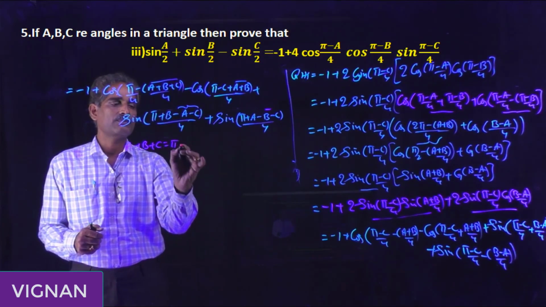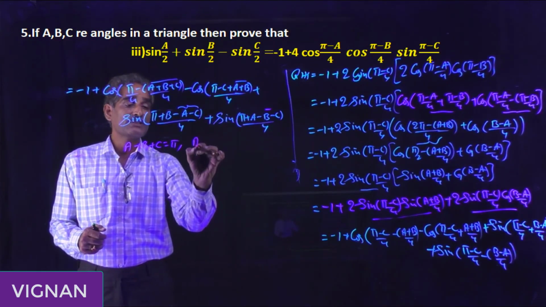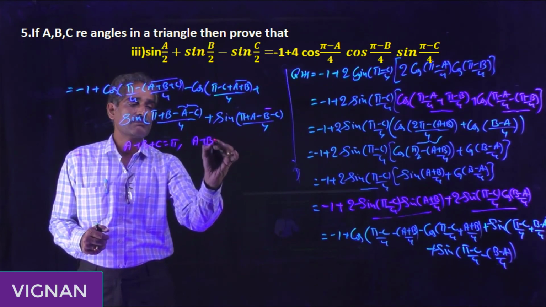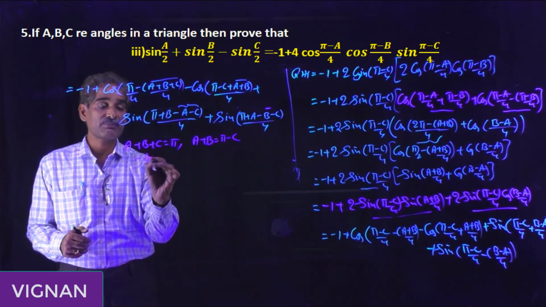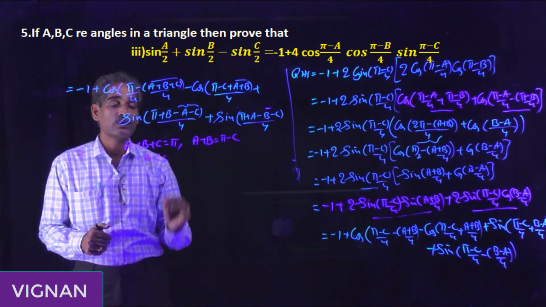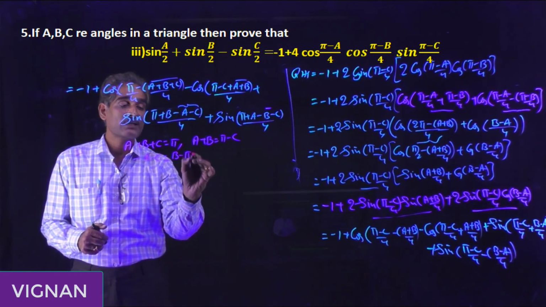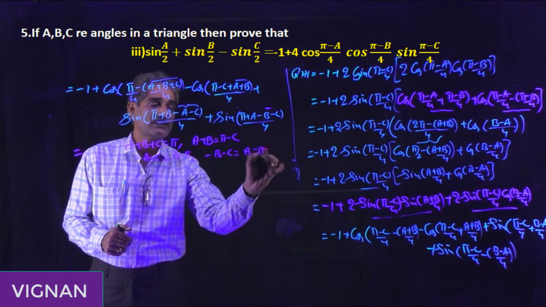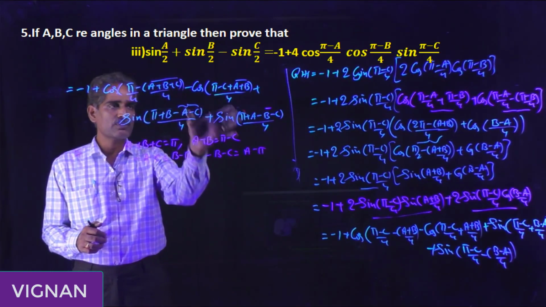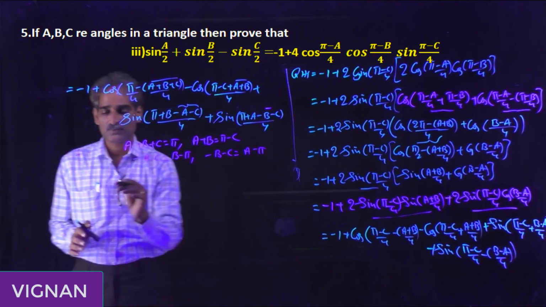Similarly, A plus B is equal to pi minus C. Next, what is minus A minus C? Minus A minus C is equal to B minus pi, and minus B minus C is equal to A minus pi. Just these 4 values replace by these 4, we will get the answer.